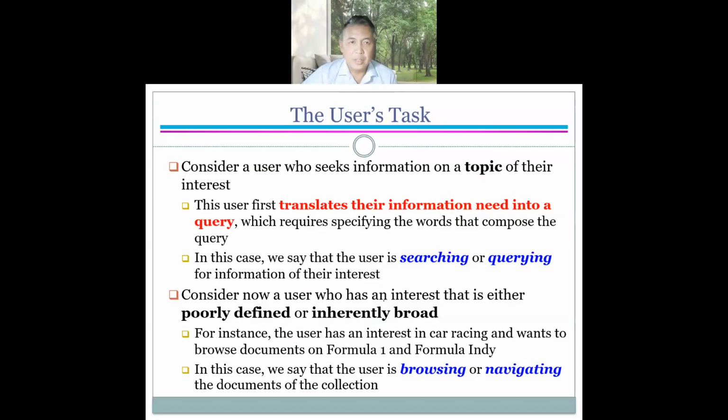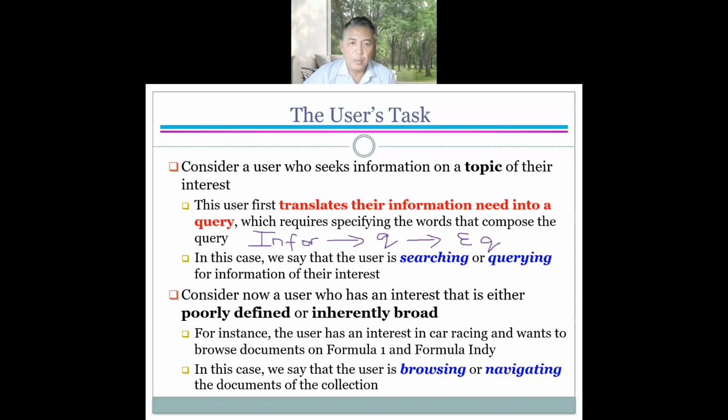Okay. This is what I mentioned just now. Consider a user who seeks information on a topic of their interest, and then they will translate it into a query. So from the information that you require, how do you transform it into a query? And then later on, how do you expand your query in order to get more relevant documents?